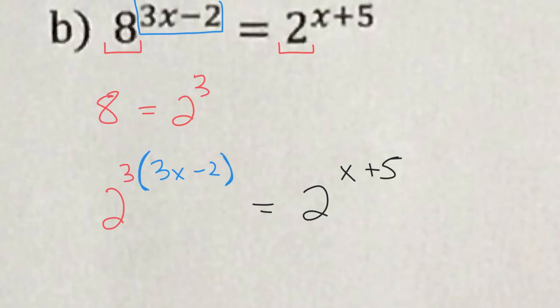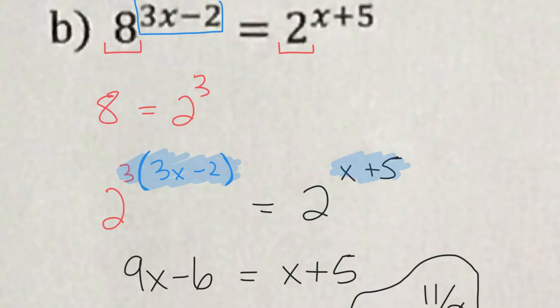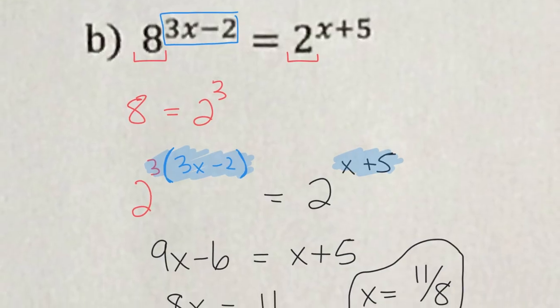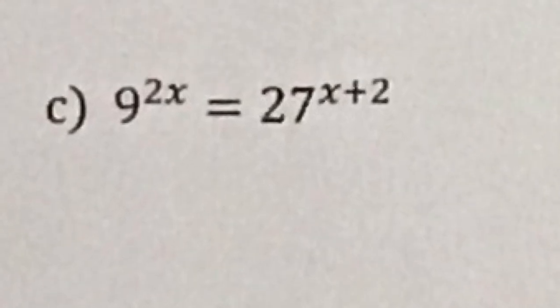So let's set our powers equal to each other. 3 times 3x minus 2 equals x plus 5. Okay, so once again, the hard part is making your bases the same. So we have to really focus on, can I write them as the same base?